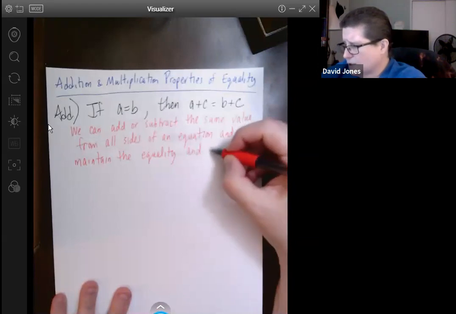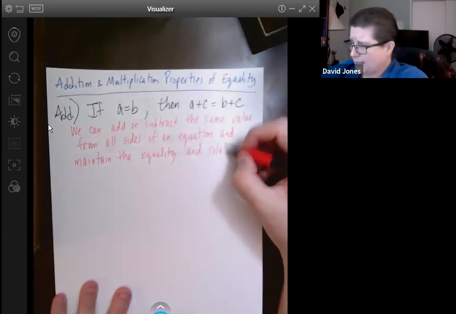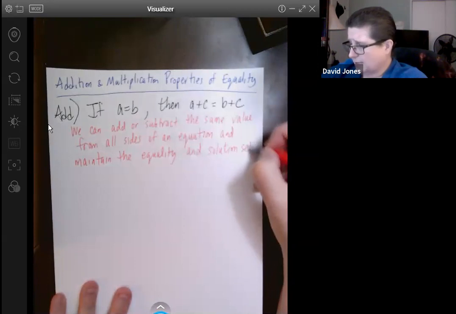And we also keep the solution set. Maintain the equality and solution set.